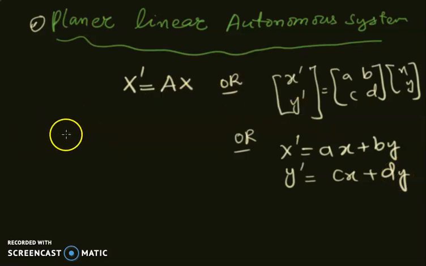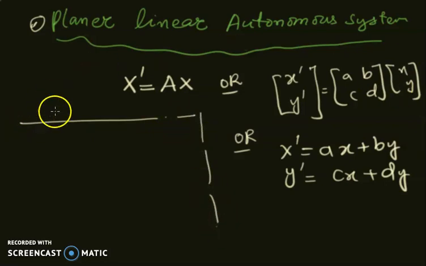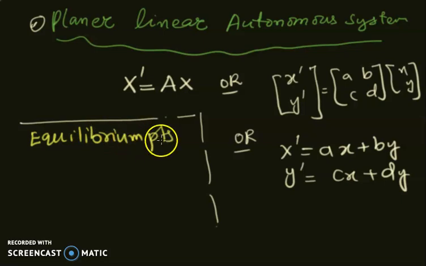Now we also know from the one-dimensional theory that equilibrium points, our equilibrium solutions, our stationary solutions, our fixed points can be found by solving x dot to be 0.